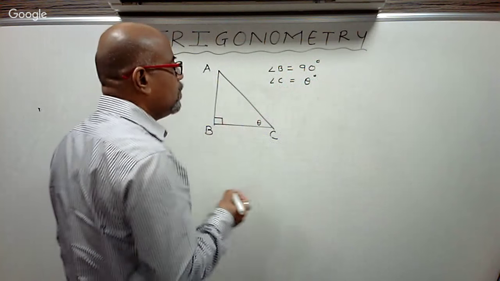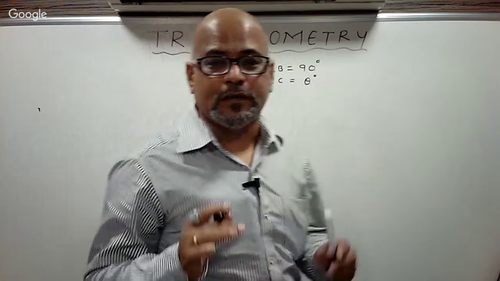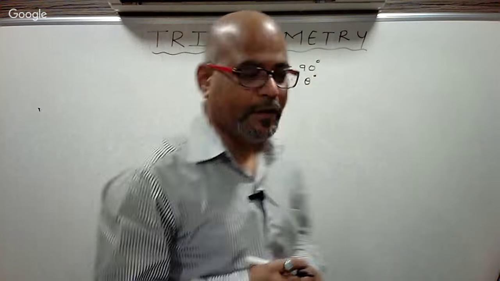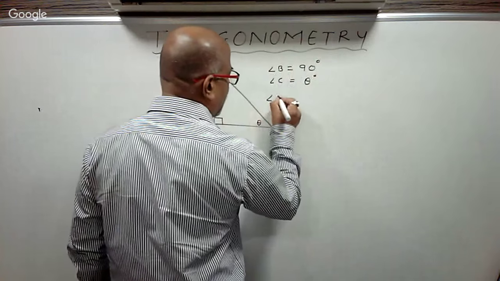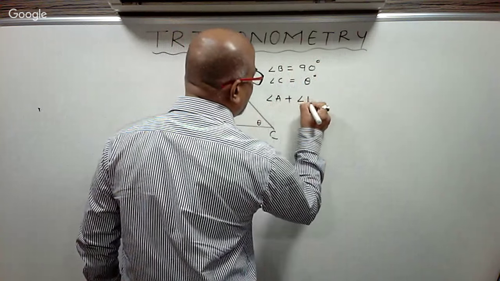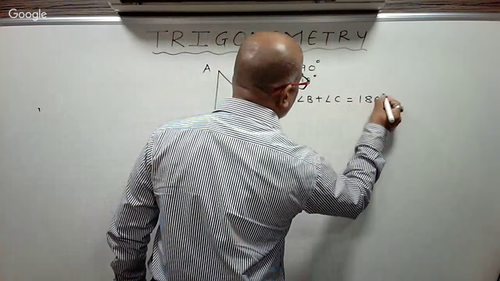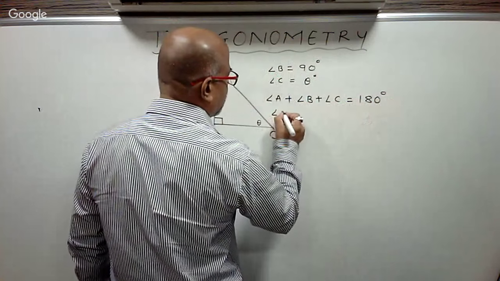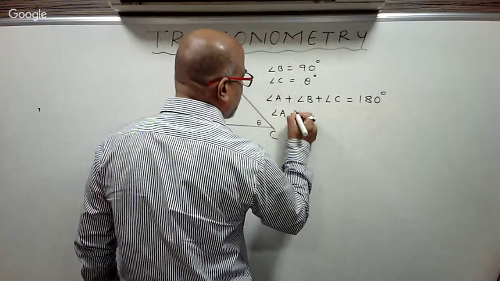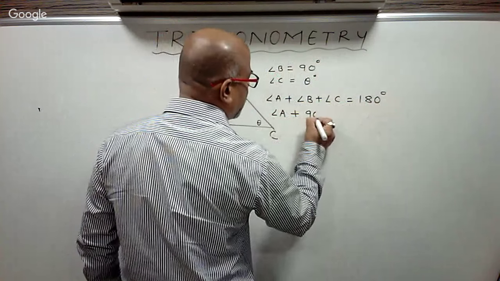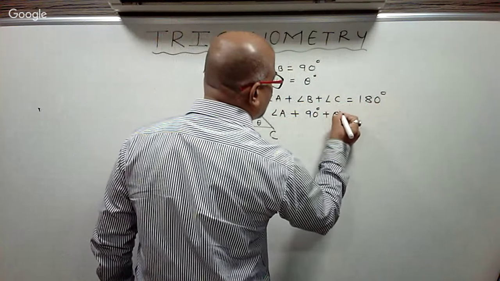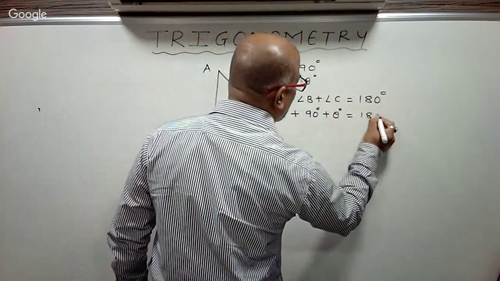Let us calculate. We know that the sum of all three angles of a triangle is 180. Therefore, angle A plus angle B plus angle C equals 180 degrees. This angle A we have to calculate. B measurement 90 degrees, C theta degrees.